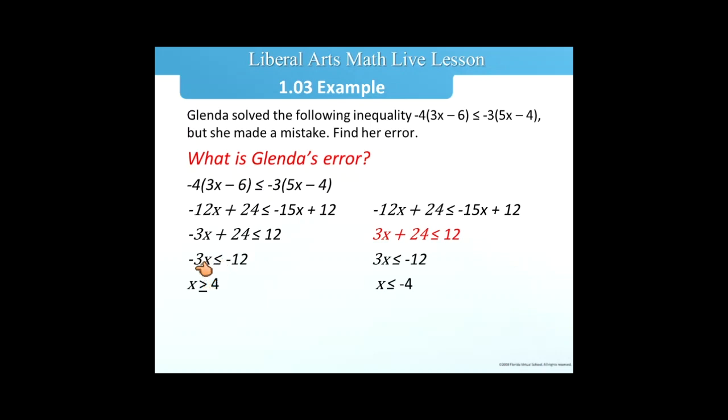That's because the rule is whenever you multiply or divide by a negative with the inequality, that less than becomes greater and that greater becomes less. But in the correct answer, there was no negative in front of our x. Since there was no negative in front of our x, we divided by a positive number. So we did not need to flip the inequality. It stays as less than.